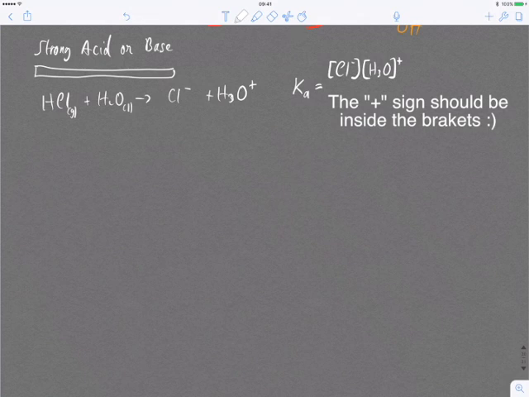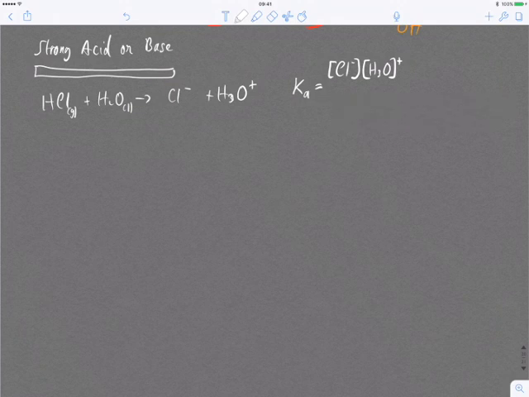Remember, activity is nothing else than the concentration times the activity coefficient. If you have a highly diluted solution, the activity coefficient is 1. If you are more concentrated, this coefficient will decrease, so the activity will be a little bit less than the concentration.